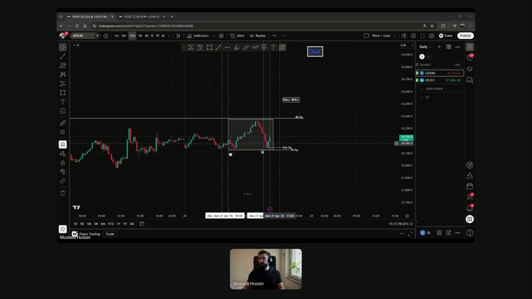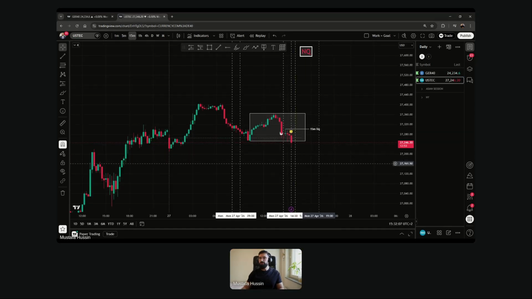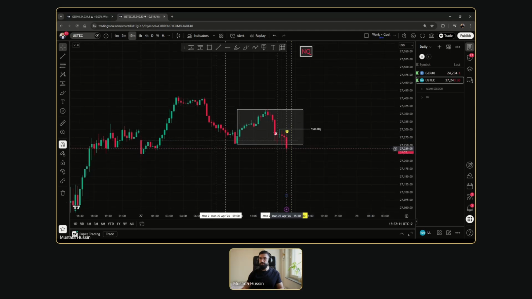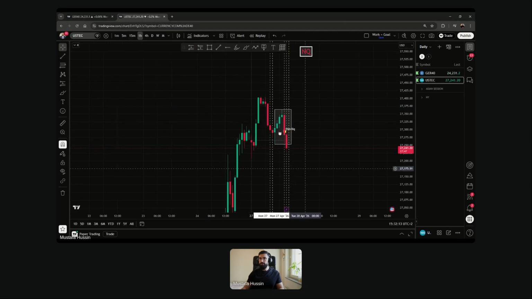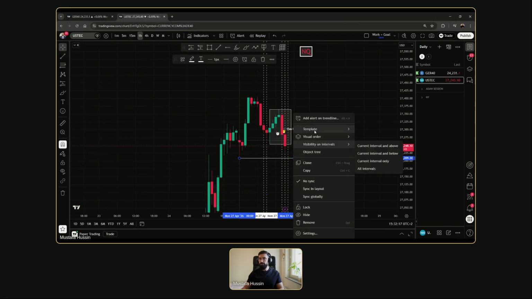They usually follow along the same pattern, the same trend, the same bias. They're very close to it, but you can see today it either sweeps liquidity or continues to the upside. Let's see on the low.